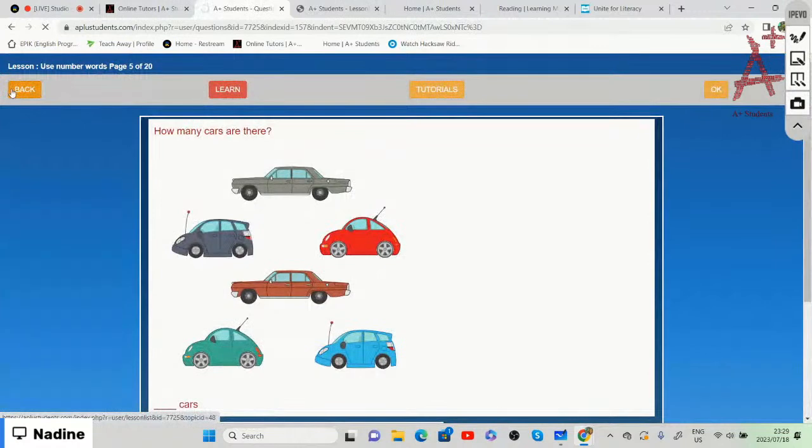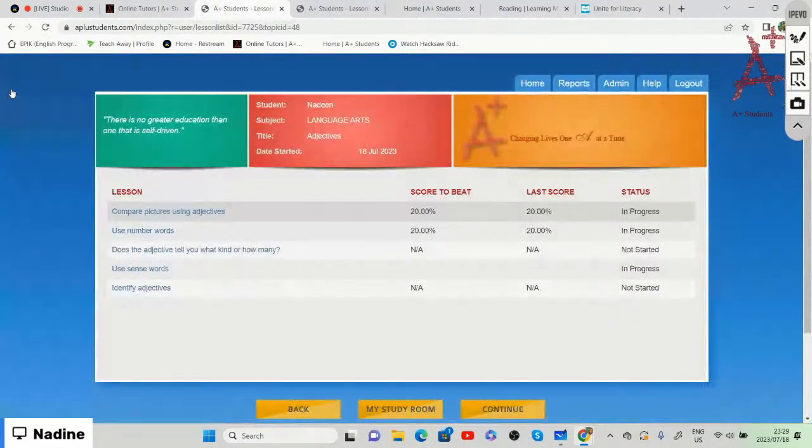All right, we're going to the next lesson that says, does the adjective tell you what kind or how many? Remember in our first lesson, where we compared the pictures using adjectives, they were telling us what kind. And the lesson that we just finished told us how many.